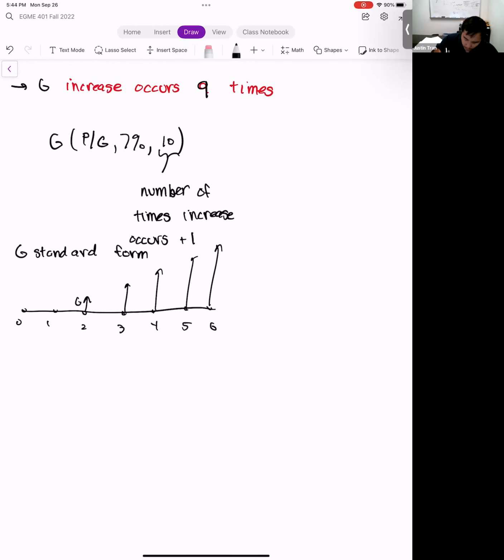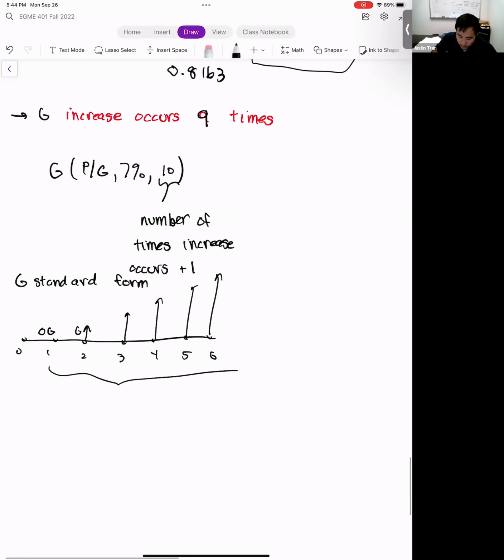This increases G. But we still count year 1 right here, because year 1 is like we have a 0 G. And so this would be a gradient that occurs over 6 years, even though we only see increases for 5. And so that's why this P over G here is a 10 and not a 9. And so, that one's tricky right there.